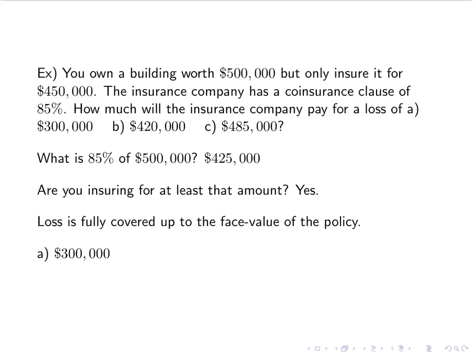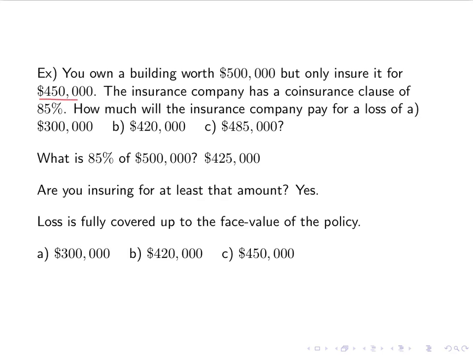$300,000. For B, $420,000 or $450,000. Which one's smaller? $420,000. For C, $485,000 or $450,000. Which one's smaller? $450,000. So if you are insuring for at least the co-insurance requirement, then any loss gets covered up to the face value of the policy.